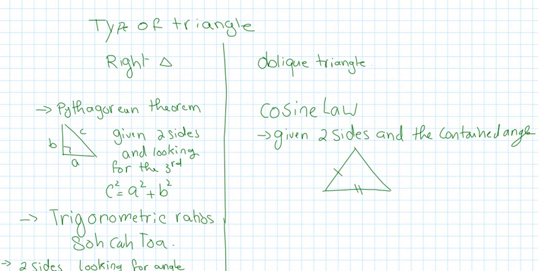So these are the given information that I must give you in order for you to be able to find your third side. Okay? So in this case, you'll be looking for the third side.